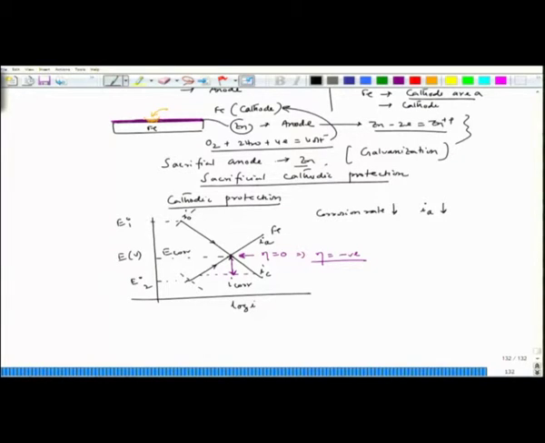For this case it is cathodic polarization, this case it is anodic polarization, but since these potentials are extreme, this new potential would arrive in between the two potentials.